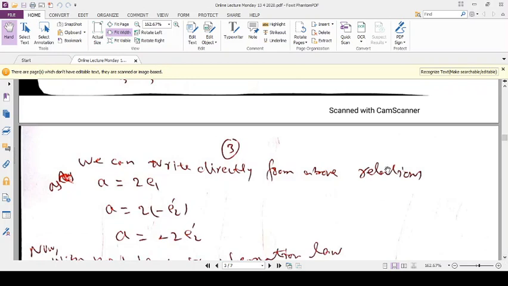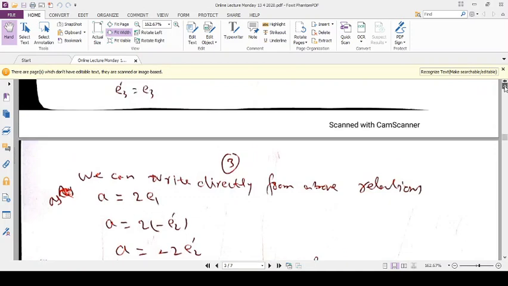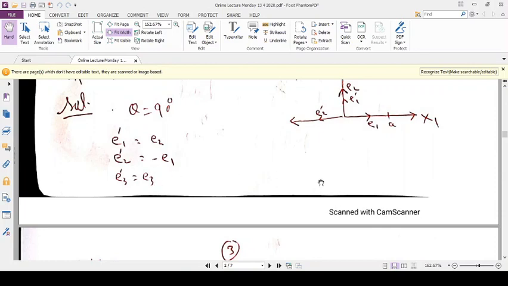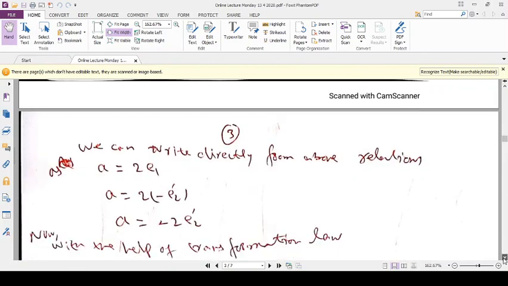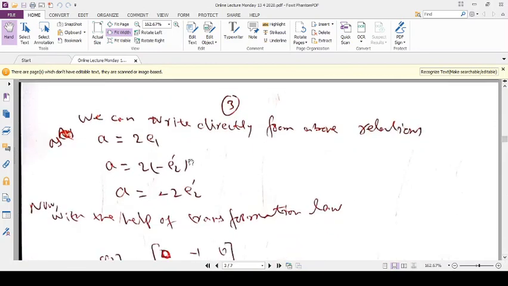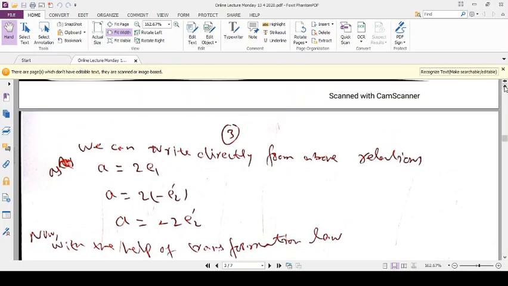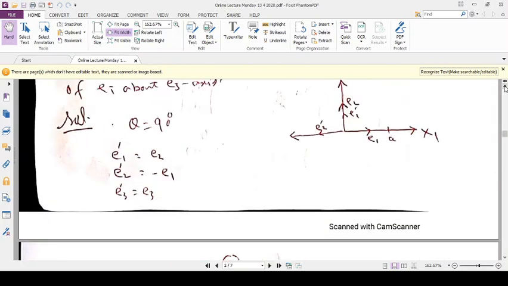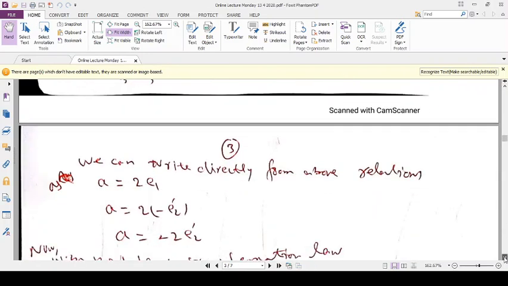You can directly write your components of A with respect to basis Ei dash with the help of this. Given that A is equal to 2E1, we know what E1 is: E1 is equal to minus E2 dash.